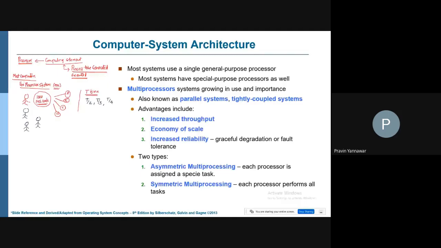If it is 4 students, it is going to be T by 4. Here, for A, B, C, D, this is a shared memory.